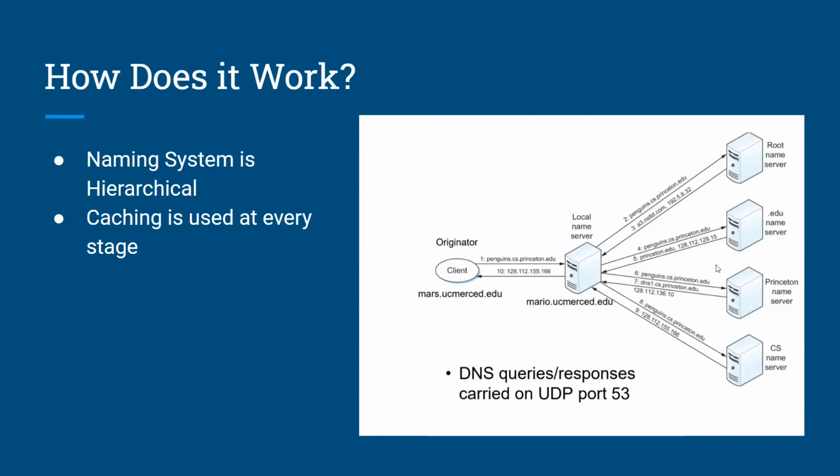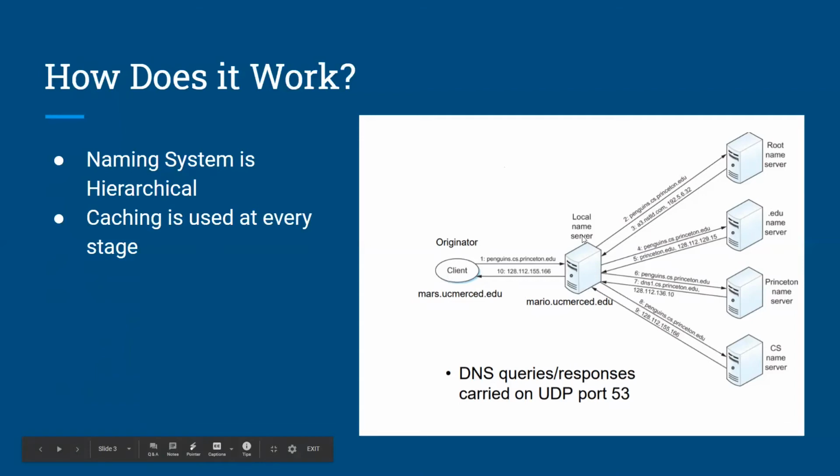At each stage, caching is used. So let's say the cache was removed for the edu. Then it went to the edu and came back, and it went to Princeton, and this server recognized this request before, so it just automatically returned the IP address and said, oh, I have that IP address. You don't have to go to this one. And then it goes here and then back.